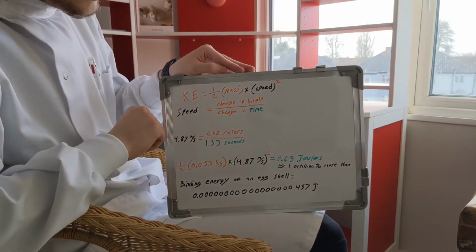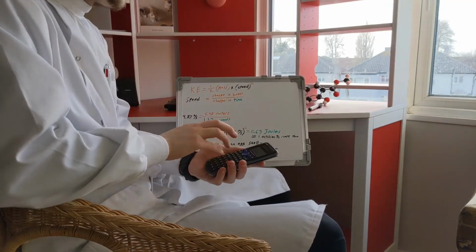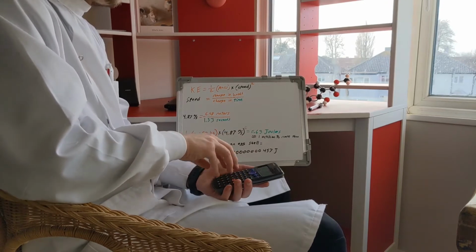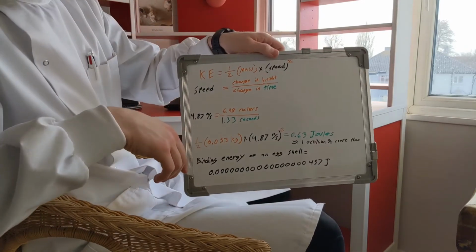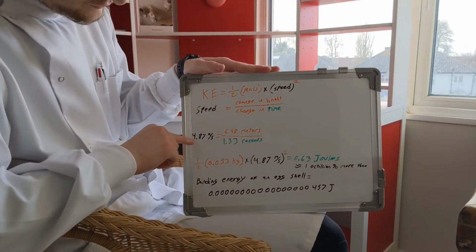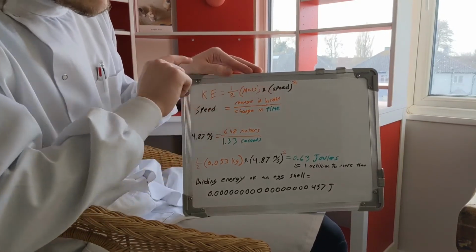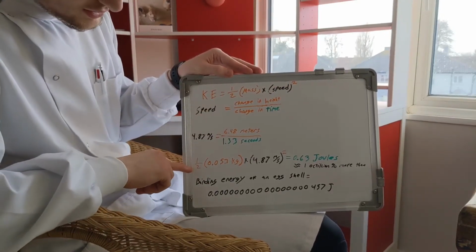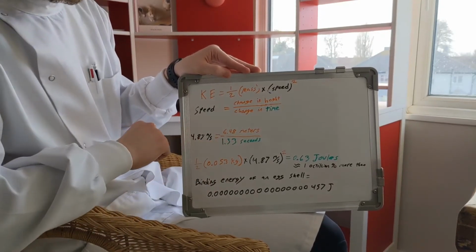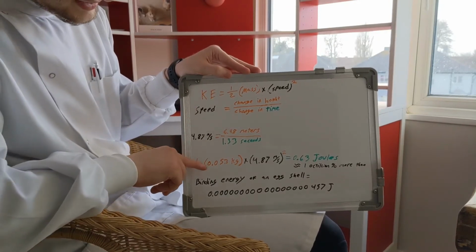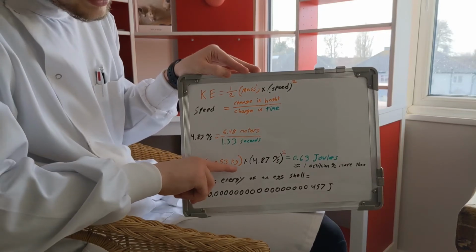So we divide 6.48 meters by 1.33, which is 4.87 meters per second. So we put that back into the equation here, and we also put in that the egg weighed 53 grams. This equation uses kilograms, so that means that the egg weighs 0.053 kilograms.